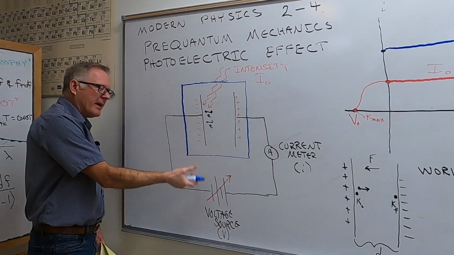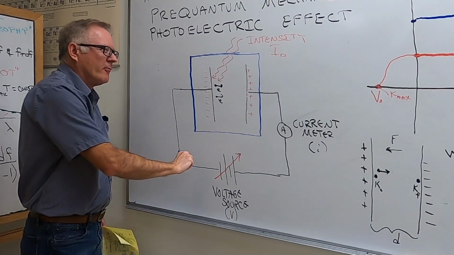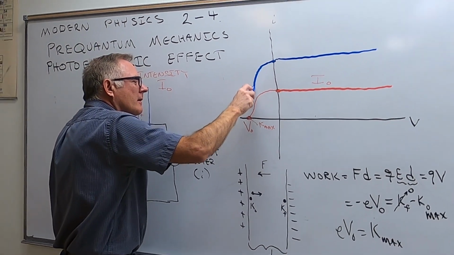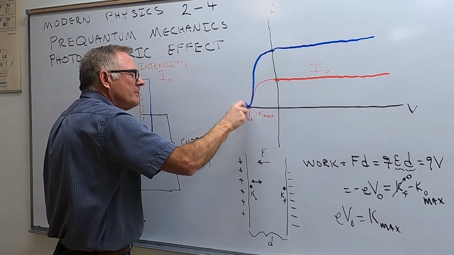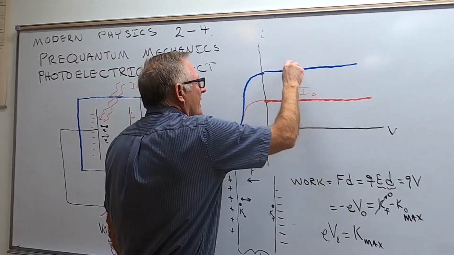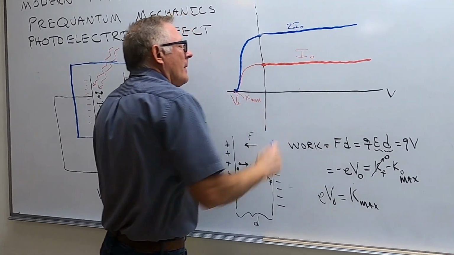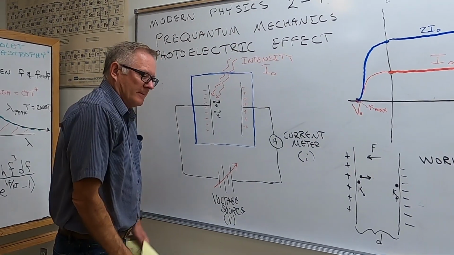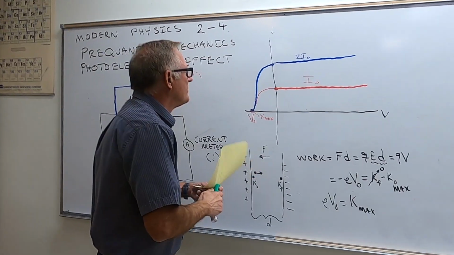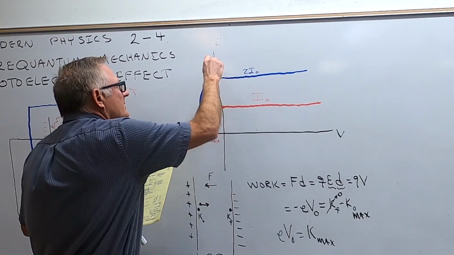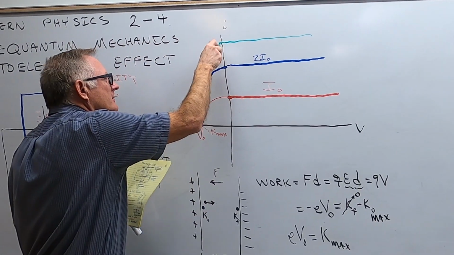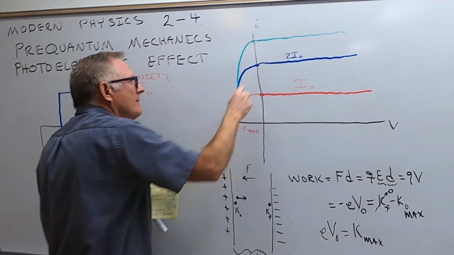If I turn the battery around and go the negative way, this comes down to the same spot. This is 2I naught. If I triple it, make it 3 times brighter, this will just come up to here, and it'll still come down to the same spot.